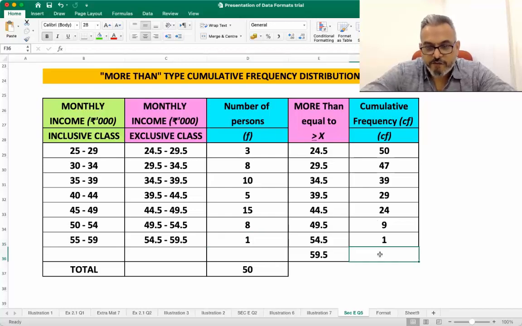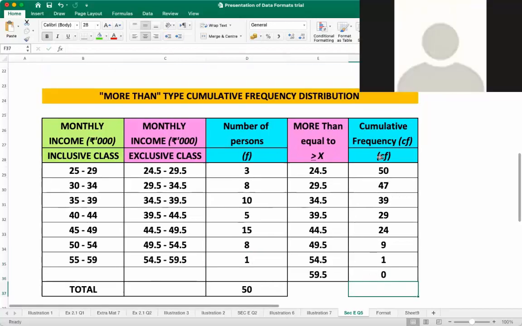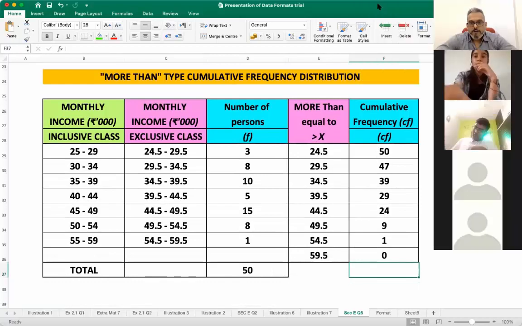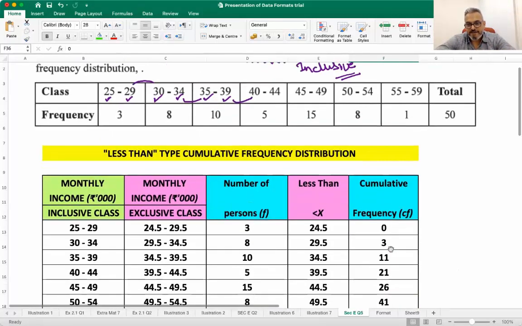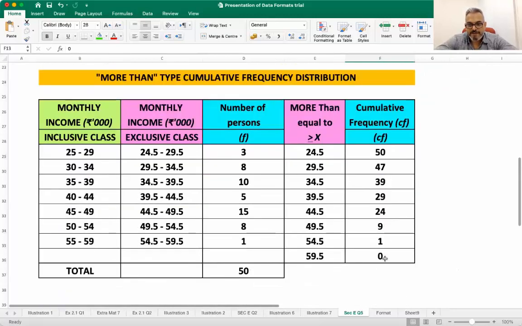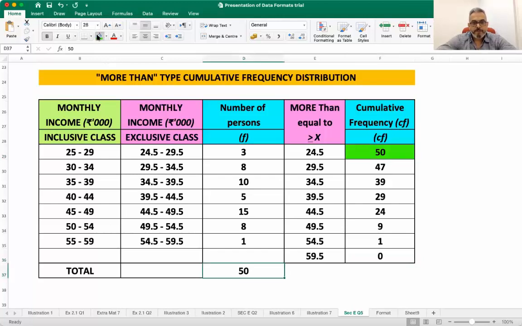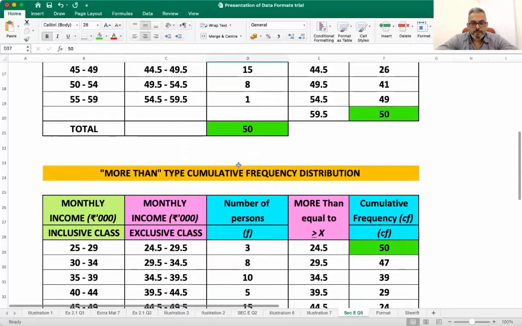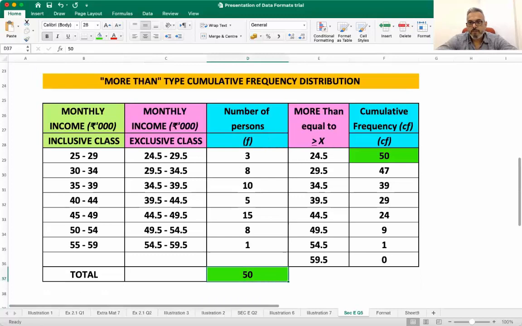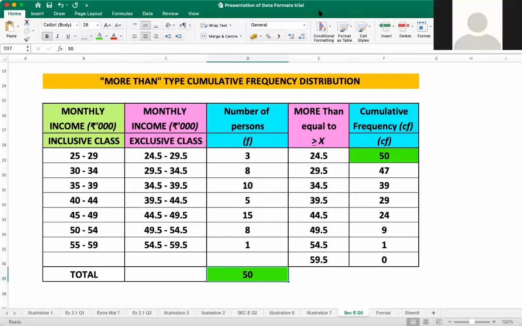And then 1 minus 1 is 0. So that's it. This 0 should come over here because at 59.5 or more there is nothing, so this 0 came. In less than we started with 0, in more than we ended with 0. 50, this 50. Got it, all of you? Yes, sir.